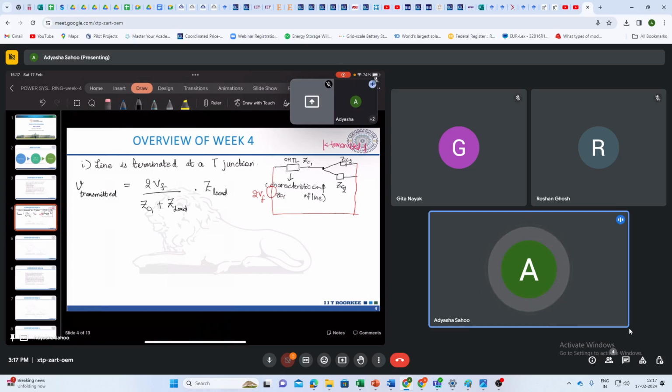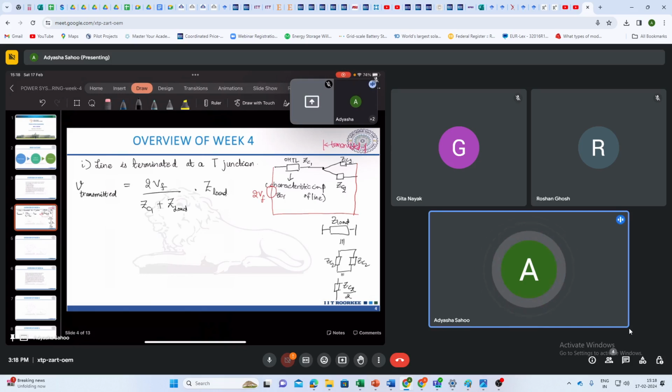So if you see this effective impedance Z load, if I represent these two lines as Z load, so this is equivalent to two lines connected in parallel of impedances ZC2, ZC2. So this can be represented by an equivalent load of impedance ZC2 by 2.